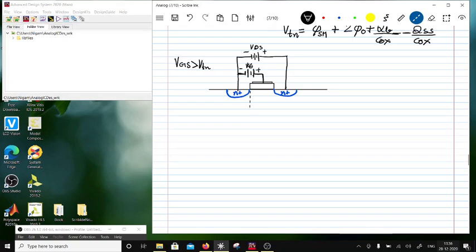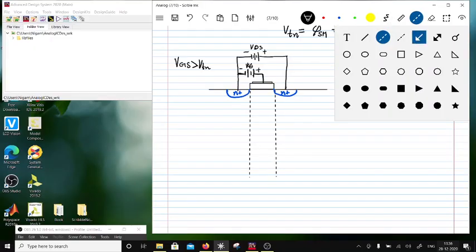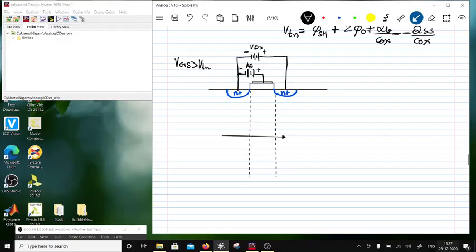Let's say that this is y equal to 0 and this here is y equal to L. So I have an axis, y, with y equal to 0 over here and y equal to L over here.